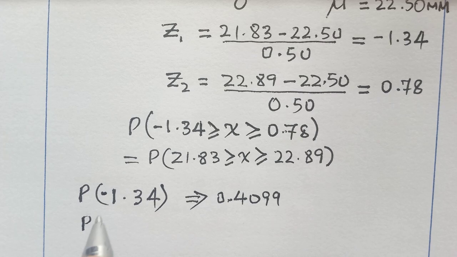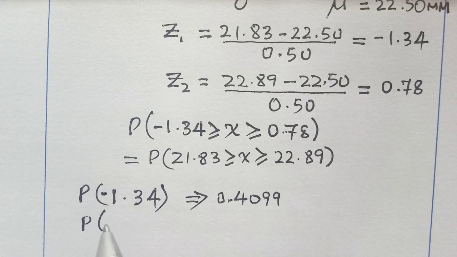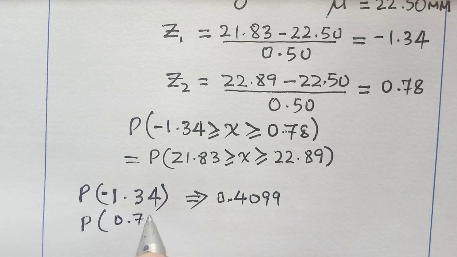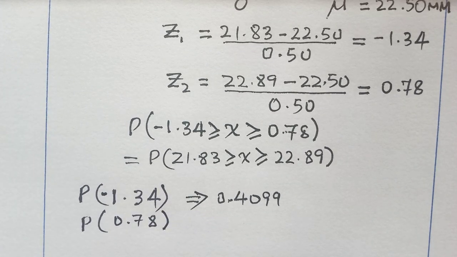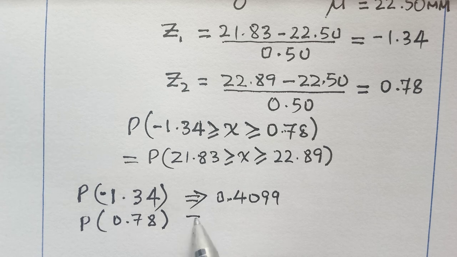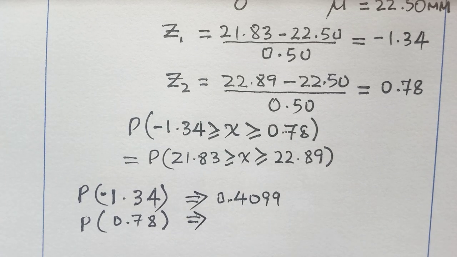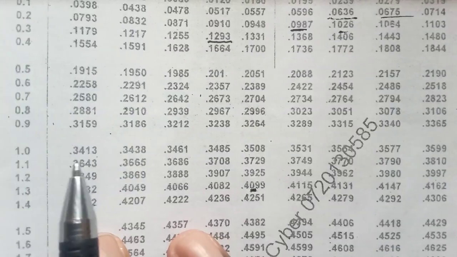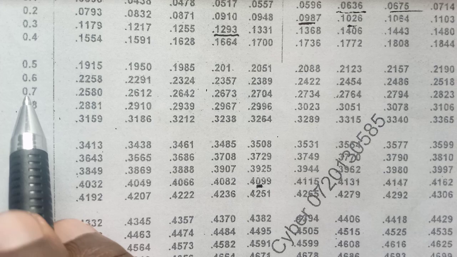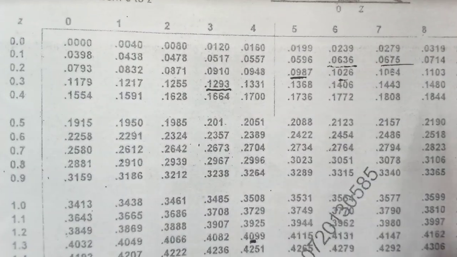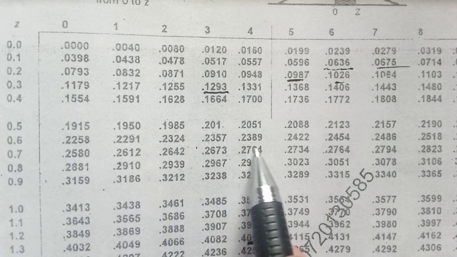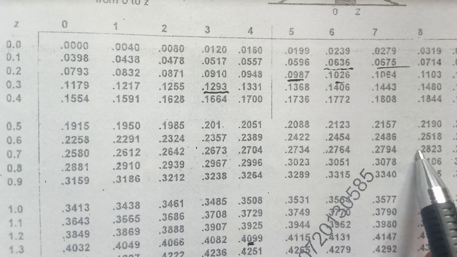Maybe I write it like this, 0.78. Now we check it again and see what we get. This is our 0.7 here. Now we go up to 8, where 8 is here. So 0.78, we move like that until we come to 8.